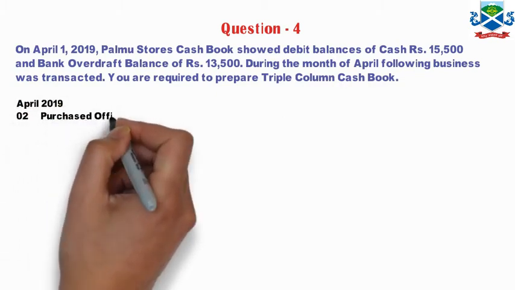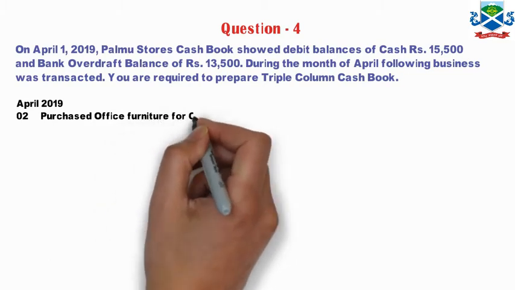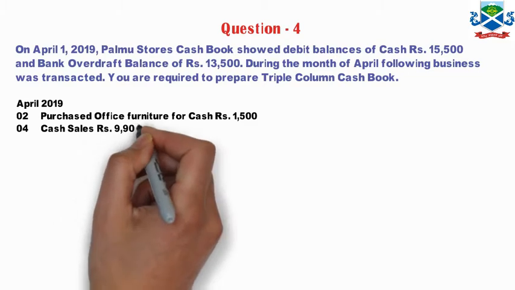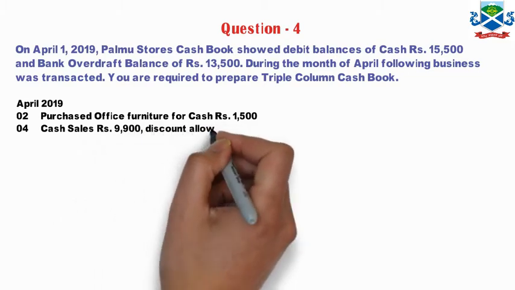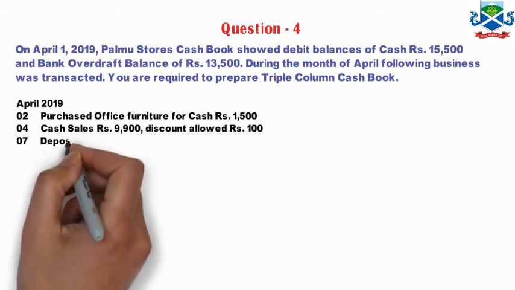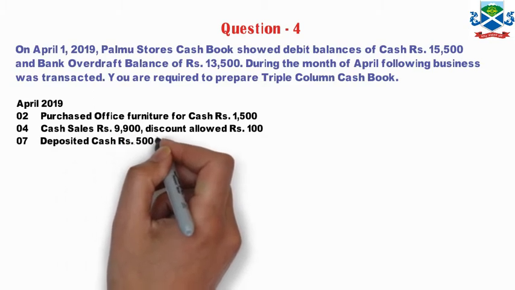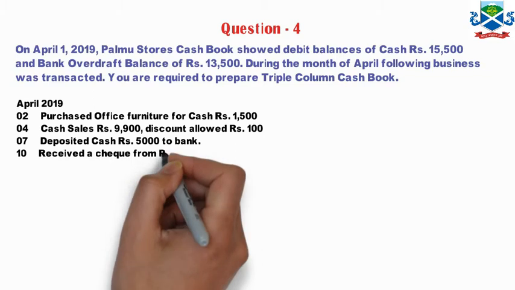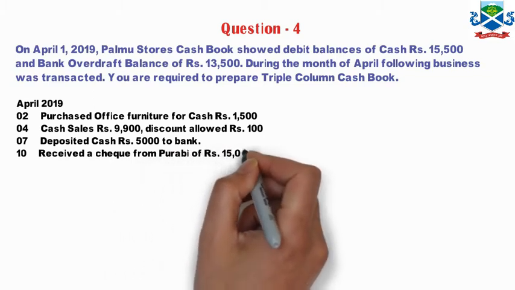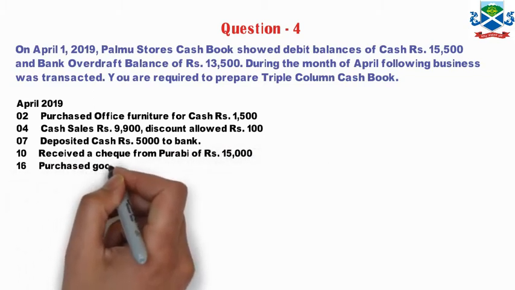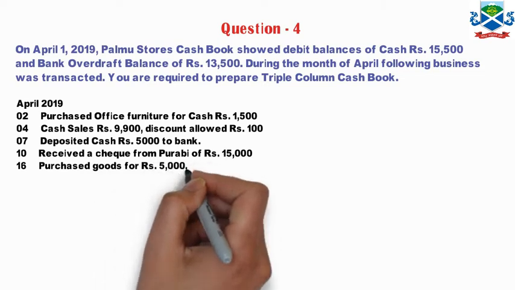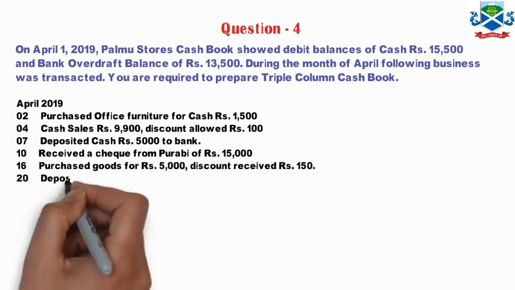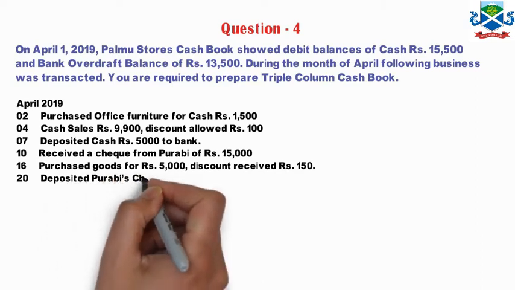On April 1, purchased office furniture for cash 15,100. Sales: cash sales 9,900, discount allowed 100. On 7, deposited cash 5,000 into the bank. On 10, received a check from Purabi of rupees 15,000. On 16, purchased goods of rupees 5,000, discount received rupees 150.